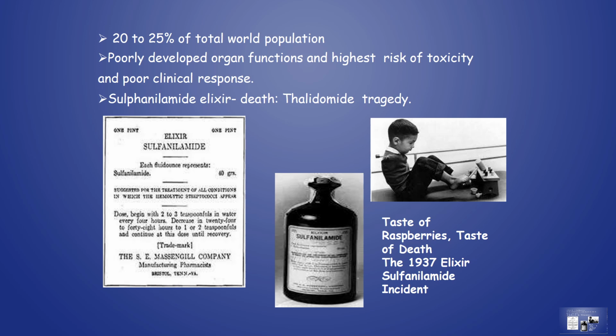The public outcry caused by this incident and other similar disasters led to the adoption of the 1938 Federal Food, Drugs and Cosmetics Act, which led to the creation of the FDA. 25% of the world's population suffered from this medicine. As a result, poorly developed organ functions and a high risk of toxicity and poor clinical response.